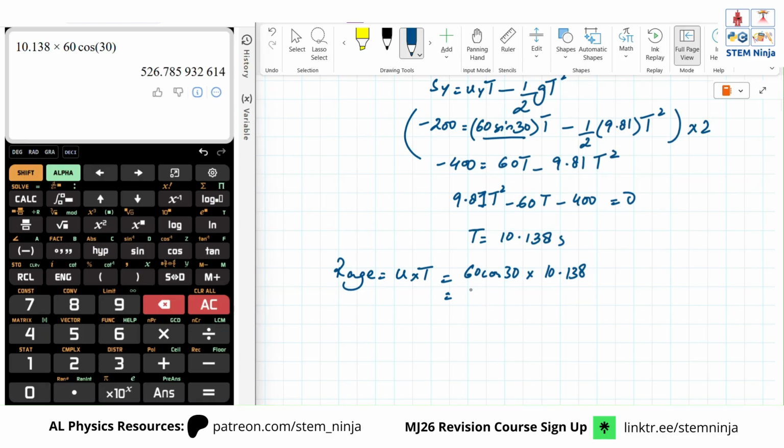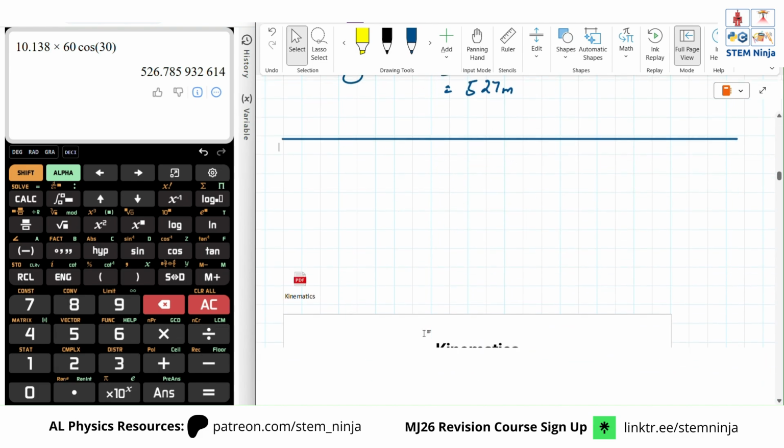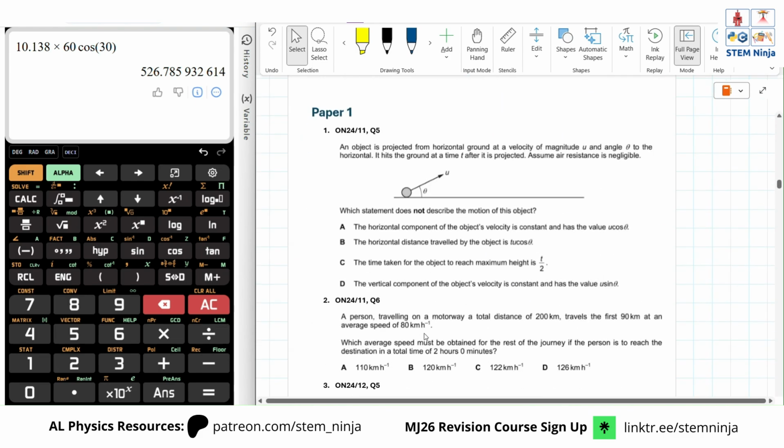This is coming out to be 527 meters. Now that's enough for examples like this. Let's try some past paper questions.